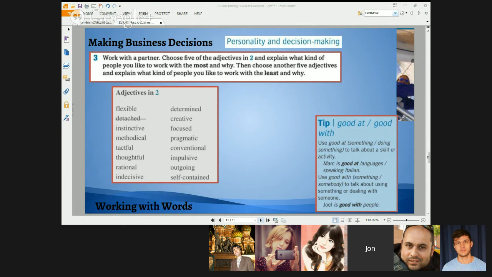First of all, I like an outgoing partner, because for me it's easy to work with someone who doesn't apparently have any personal problem. If they're outgoing, they probably don't have personal problems. Okay, could be.